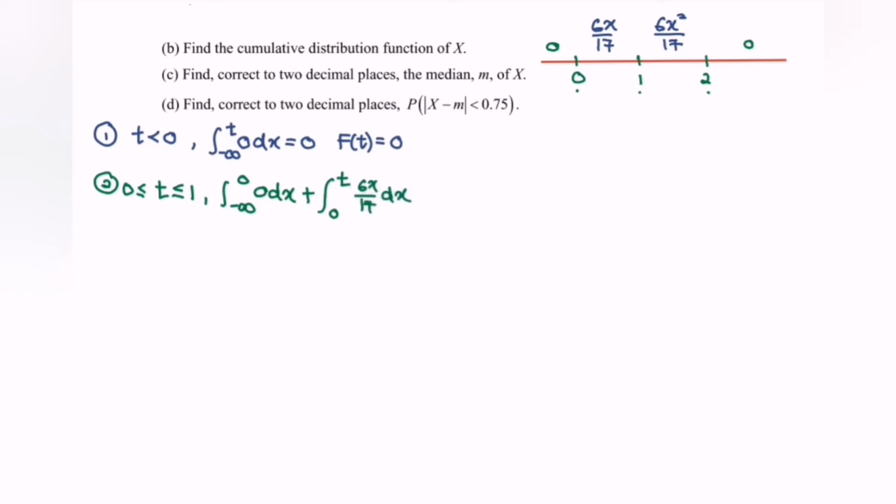If we integrate the situation, we will have F(0) plus 6x squared over 17 multiplied with the 2, limits t and 0. So if we simplify the situation, we will have F(t) is equals to 0 plus with the situation 3t squared over 17.